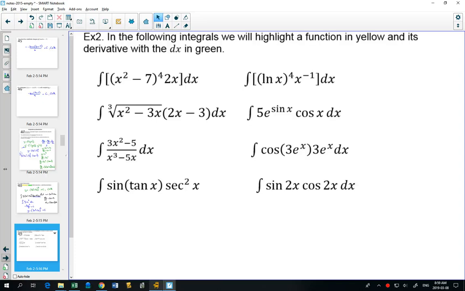So I'm going to highlight all of the functions in yellow. Can you notice that that x squared minus 7 is inside the power of 4? So we have an original function inside of another function, and its derivative is present.